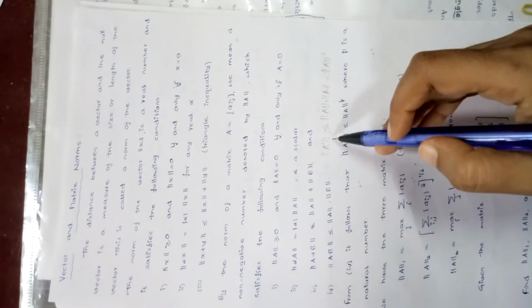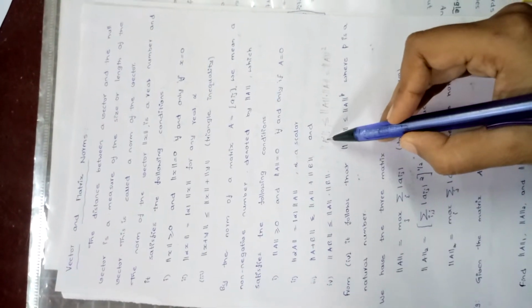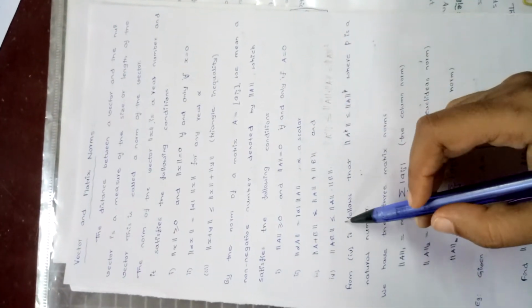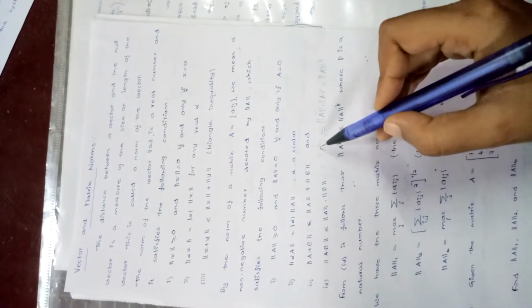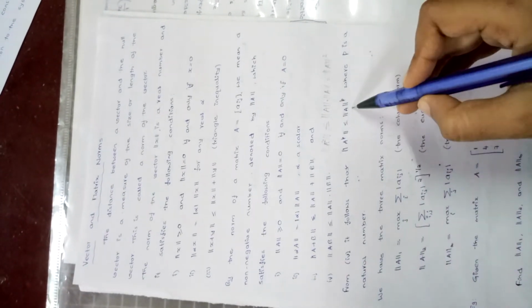So if we multiply A p times, from this we get norm A power p is less than or equal to norm A whole power p, where p is a number. Here we considered only two A's, but we can multiply p number of A's, so we get this inequality.